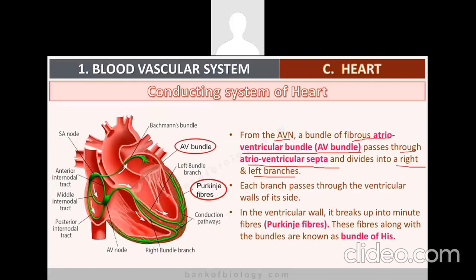Each of these branches passes through the ventricular walls of its side. In the ventricular wall, these break up into many small fibers, which are called the Purkinje fibers. These fibers, along with the bundles together, are called the bundle of His.